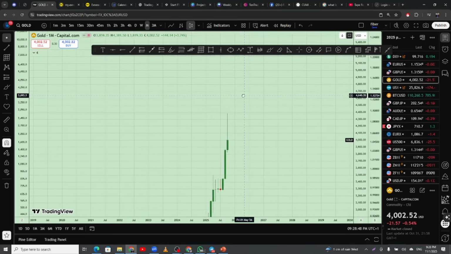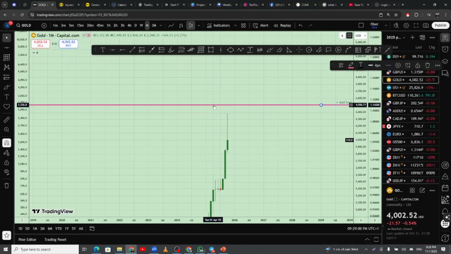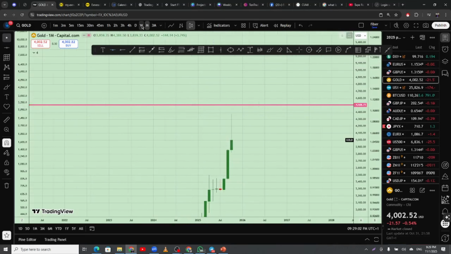The buy on gold has really been massive, so there's a likelihood that we might even reach 4,500, and I think we pointed out that level some time ago. Let's just leave it there, and then let's go to the weekly.